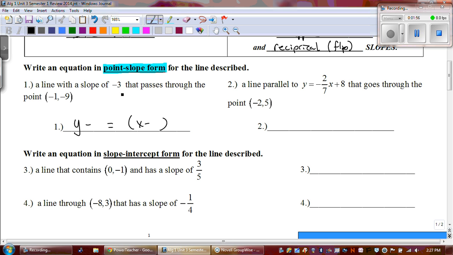So I need my slope. My slope is right there, so my slope is -3. Remember what is your x and what is your y and where those go. Now, subtracting a negative, we can't have that sign there. No double signs.